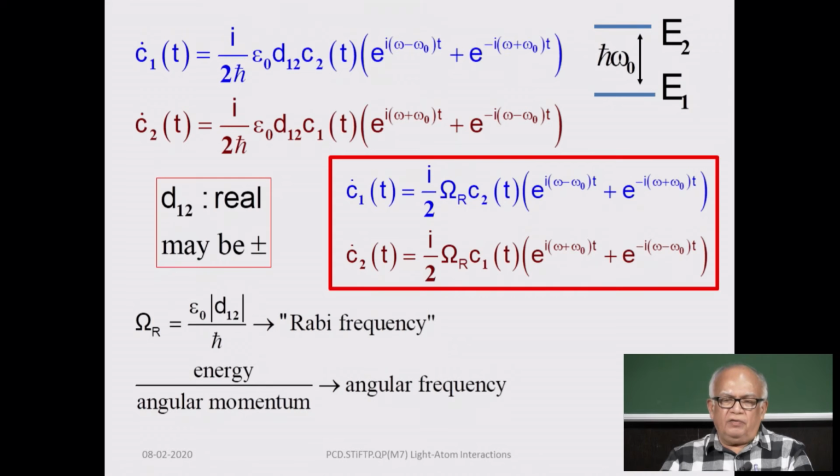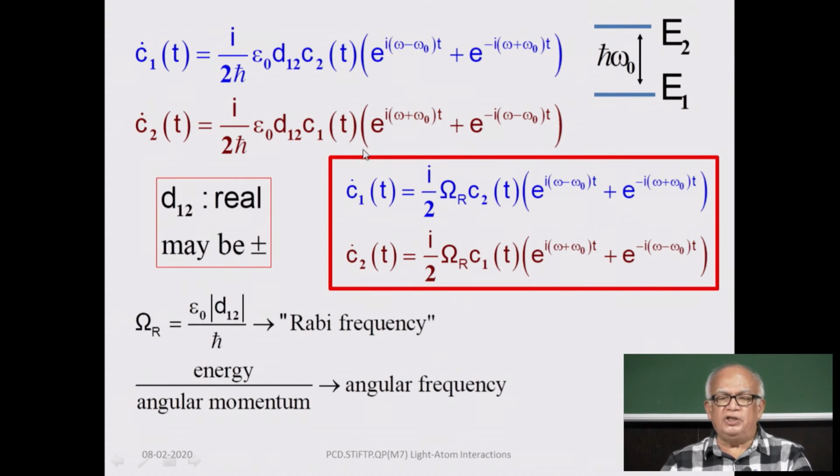And now what we do is rewrite this in terms of a new factor, which is epsilon 0 times d divided by h cross. This has the dimensions of frequency. And this is called the Rabi frequency. So, this factor epsilon 0 d over h cross is now replaced by omega r, the Rabi frequency.